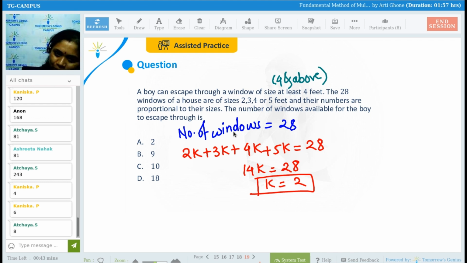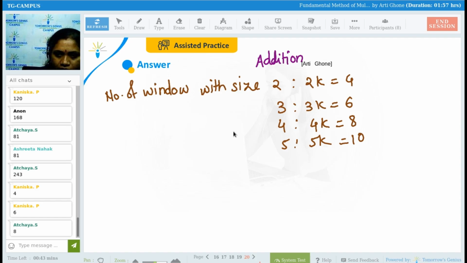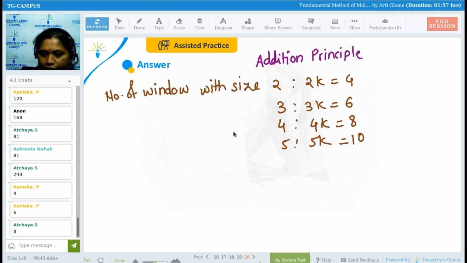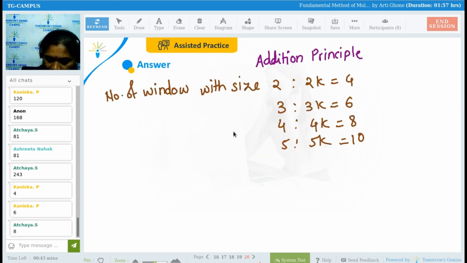So either boy will appear for first one or second one. Clear? So or is the acceptable case. So this is basically the addition principle, right? So it is working with the addition principle. Now tell me answer. Now it is so simple to answer. Tell me option. 18 plus 10, 28. 28?